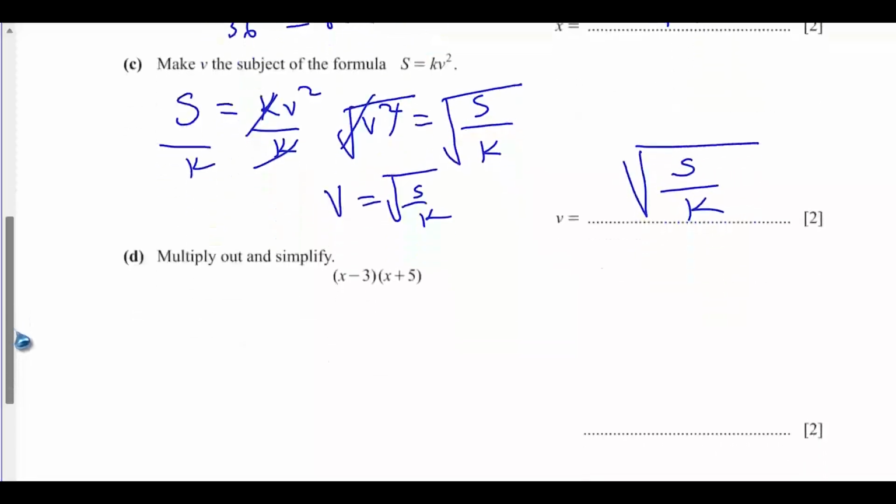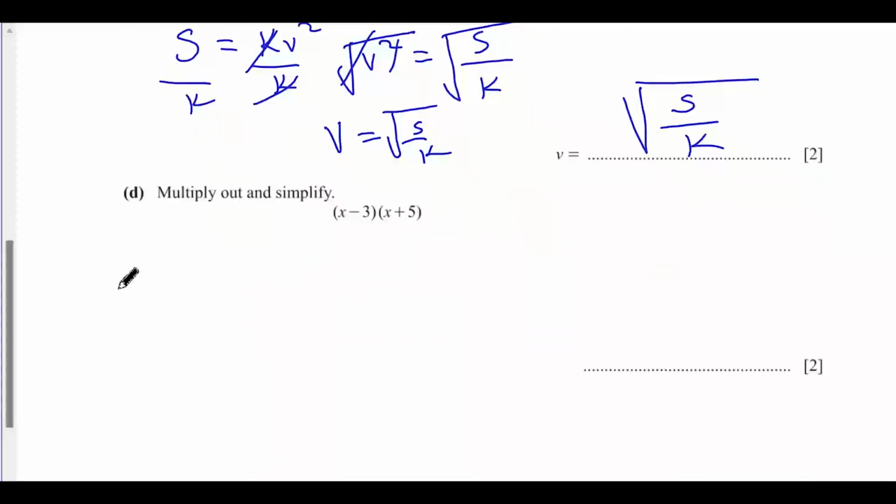Part D. Multiply out and simplify. So this and this will give you x squared. Then this and this will give you plus 5x. This and this will give you minus 3x. So this and this will give you minus 15.